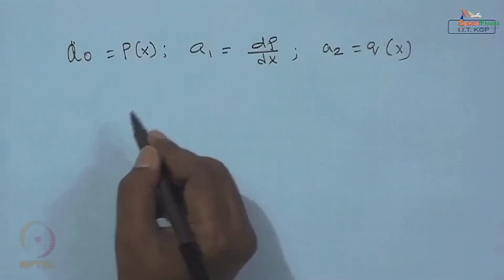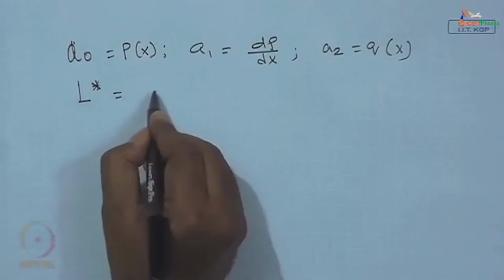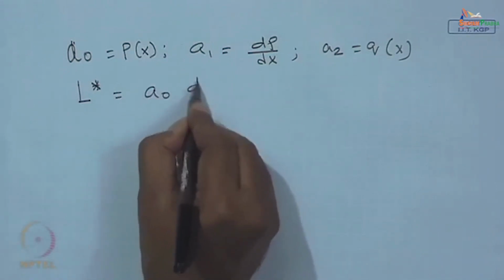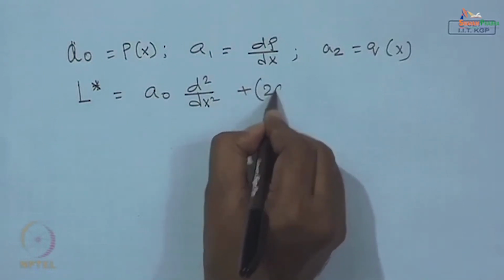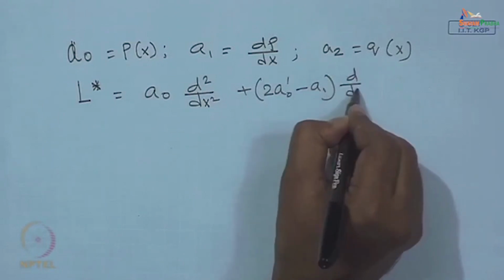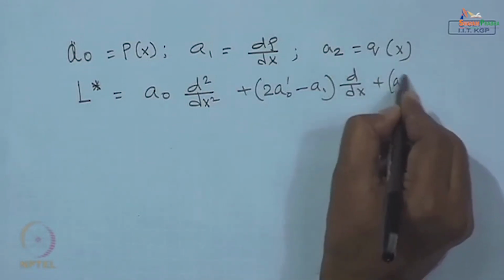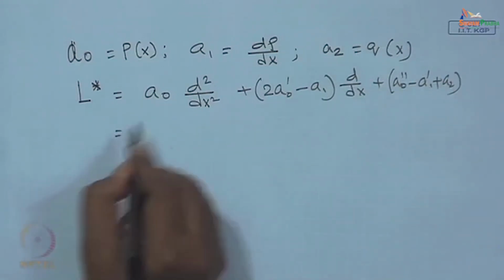So, if we look into L star, it is A0 d²/dx² plus (2A0 prime minus A1) d/dx plus (A0 double prime minus A1 prime plus A2). So, A0 becomes p.